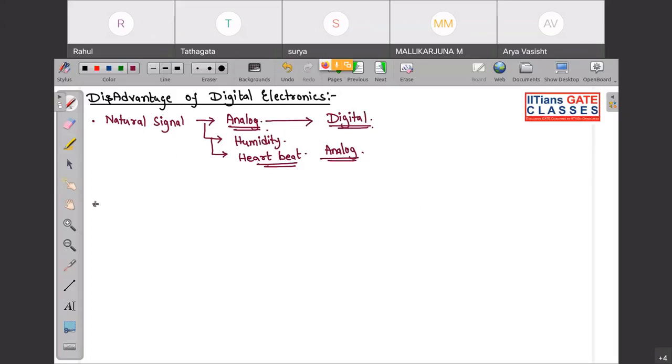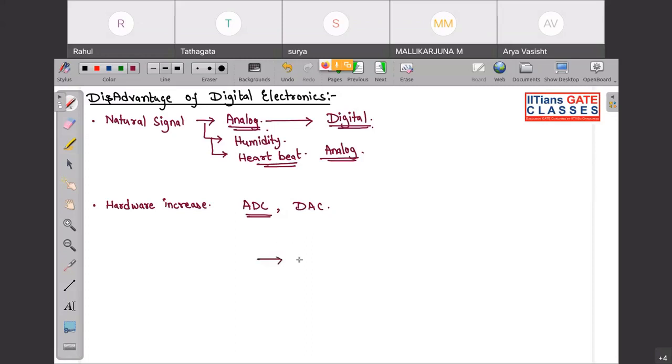The second problem is that hardware increases. Why? Because as we are processing natural signals, we need an ADC as well as a DAC, since any digital system requires digital input. For getting digital input we require an ADC.